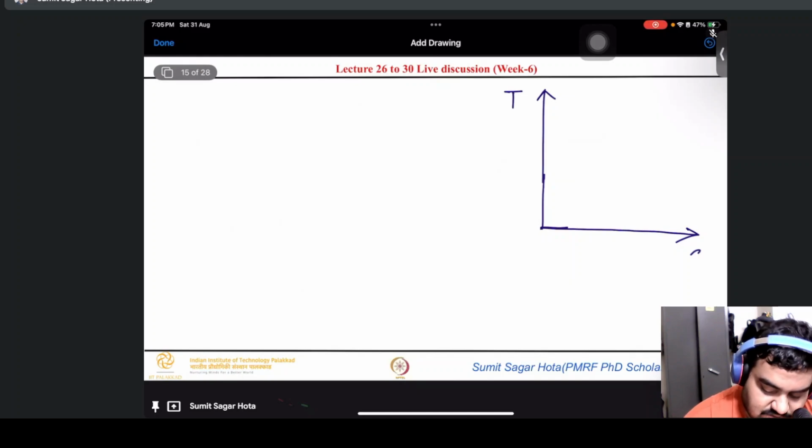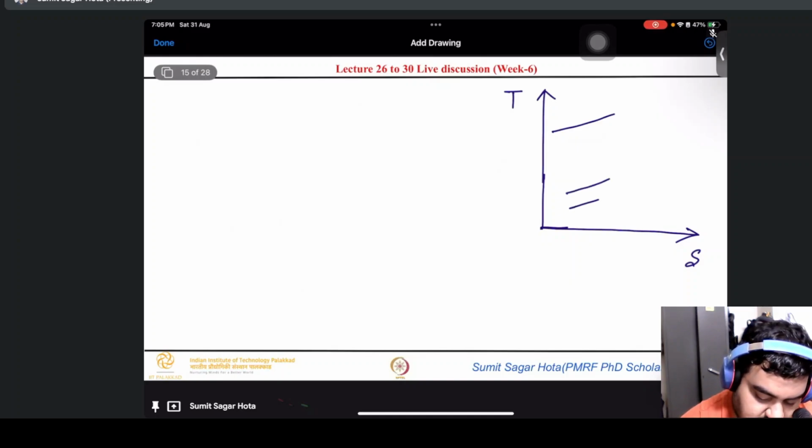This is your T, this is your S, TS diagram. If you can see, this is your 1 to 2, this is your ambient pressure, so this will be your 1, this will be your 2. Next, this is whatever the loss is there, delta PB.